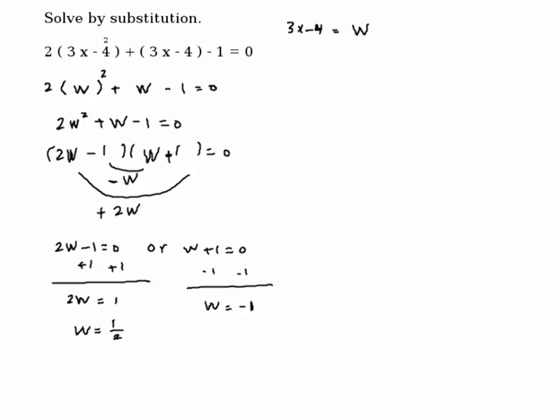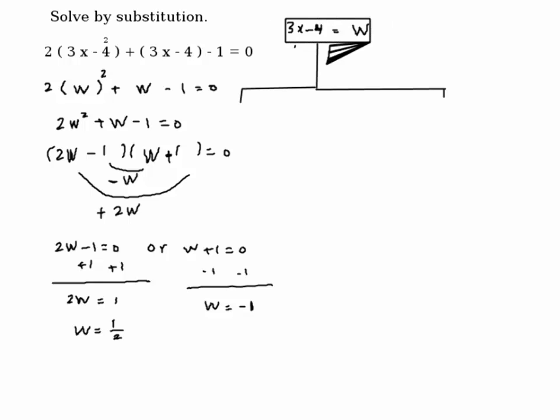But you're not solving for w, you're solving for x. We have to go back to these assumptions here. We have w is equal to minus 1, or w is equal to 1/2.